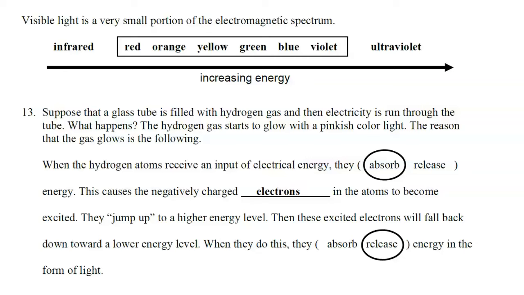The hydrogen gas starts to glow with a pinkish color light, and the reason is the following. When the hydrogen atoms receive an input of electrical energy, they absorb energy, and this causes the negatively charged electrons in the atoms to become excited. They jump up to a higher energy level, then these excited electrons will fall back down toward a lower energy level, and when they do this, they release energy in the form of light.